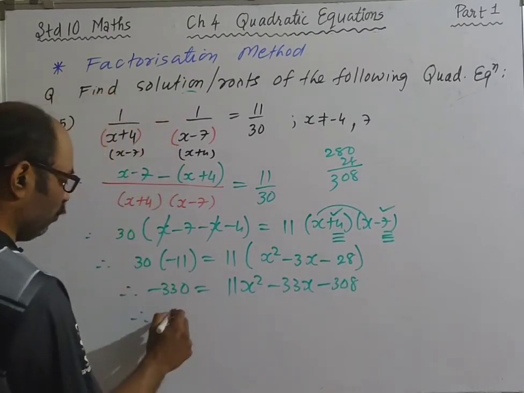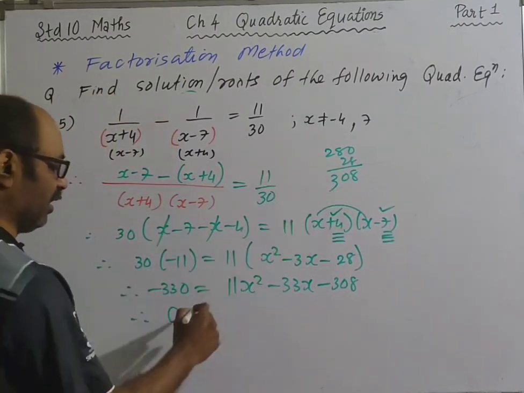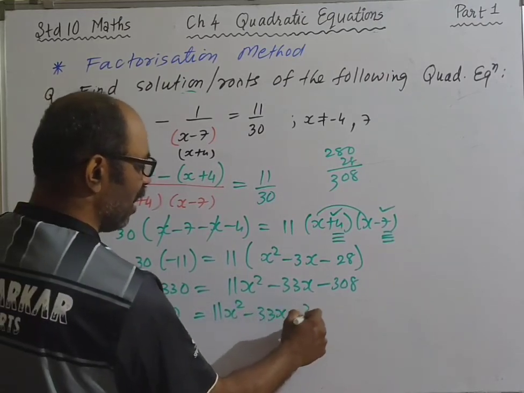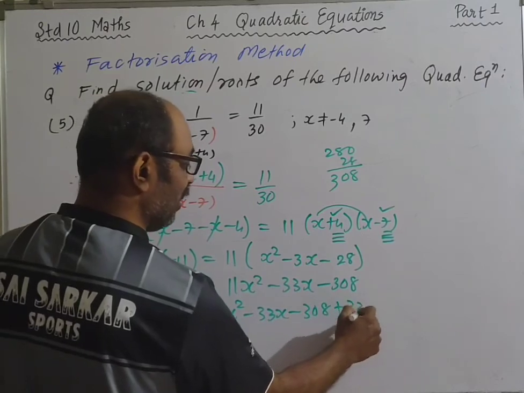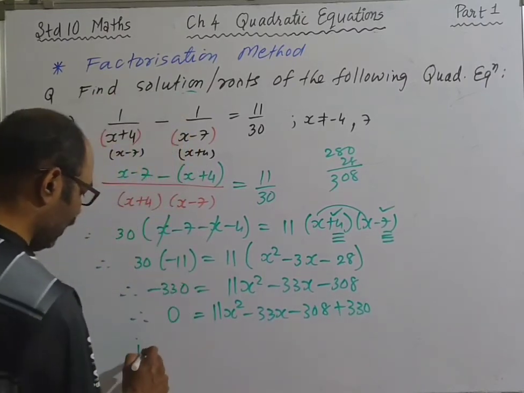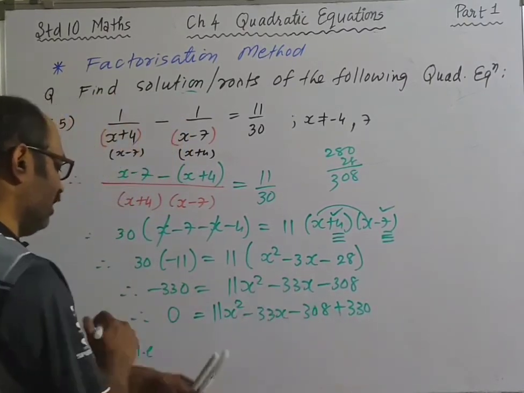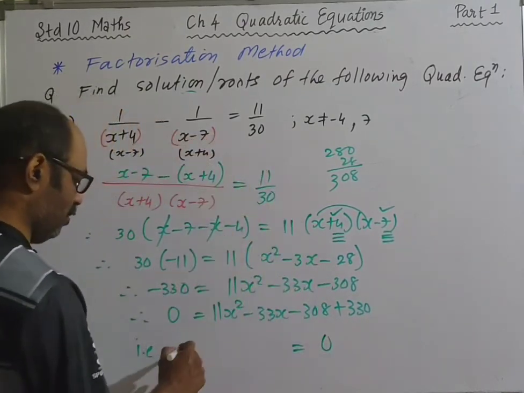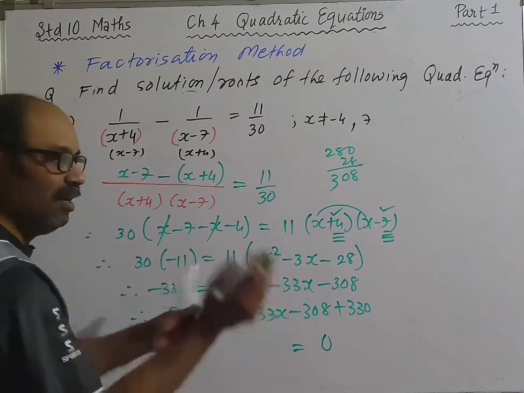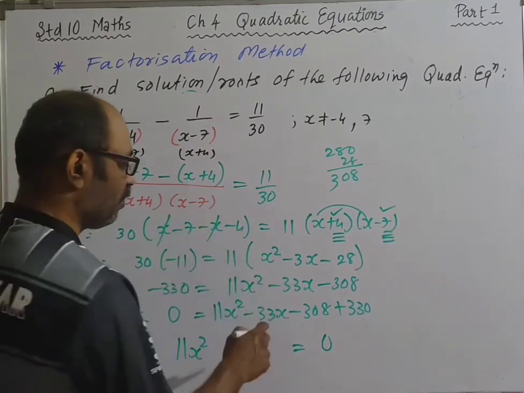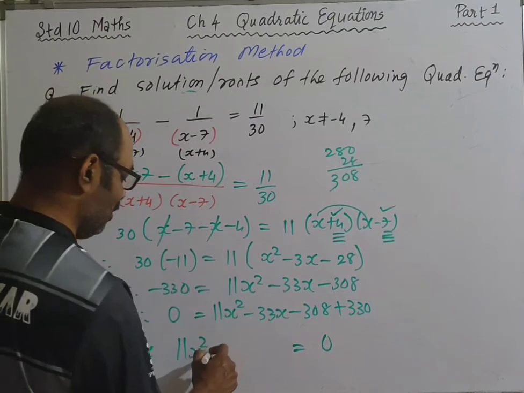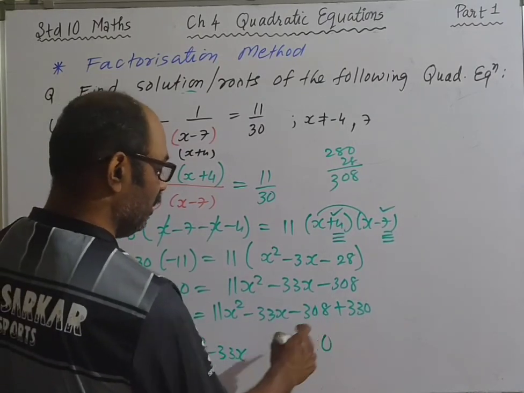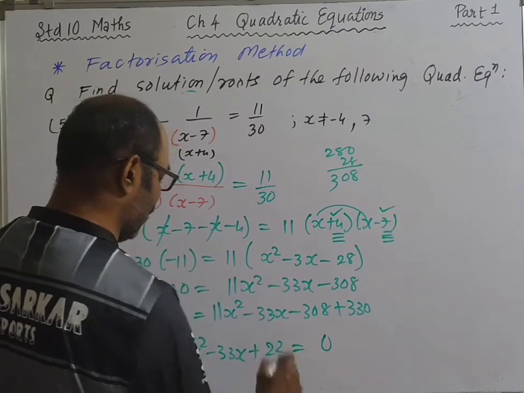All right. Therefore, minus 330 we take to the other side: 11x square minus 33x minus 308 plus 330. Correct? That is, I write the whole right hand side on the left hand side and equal to 0 on the right hand side. So this is 11x square minus 33x and this is 22 with plus sign.